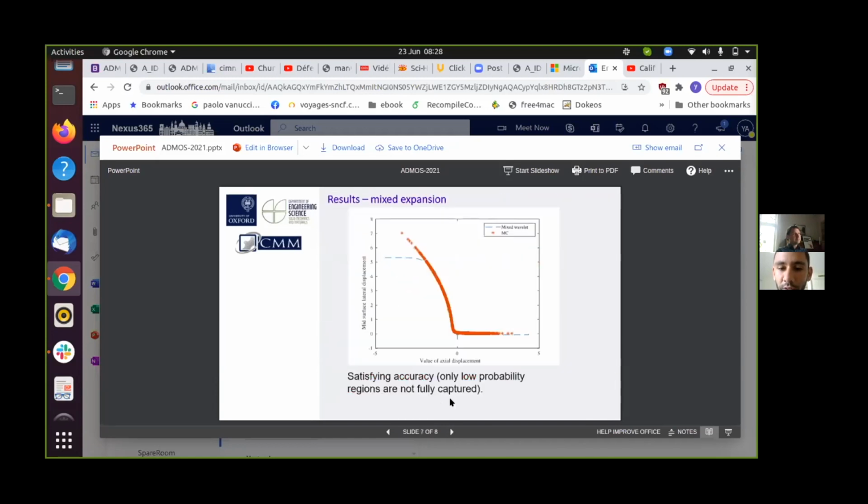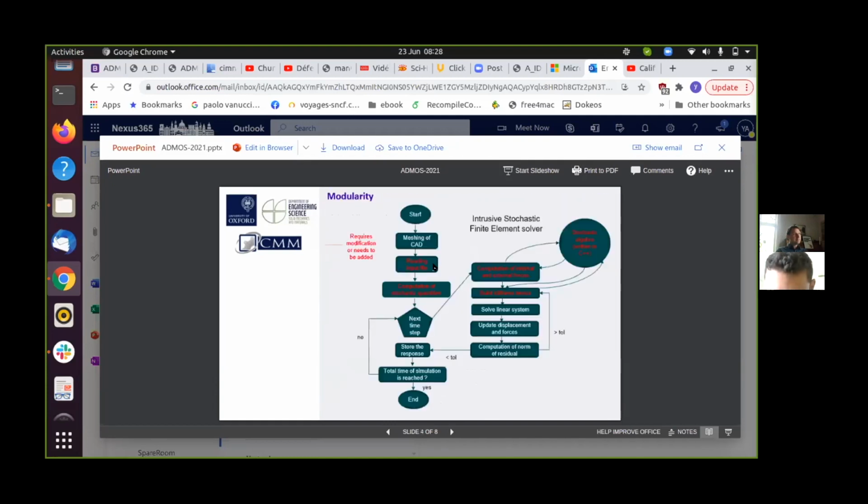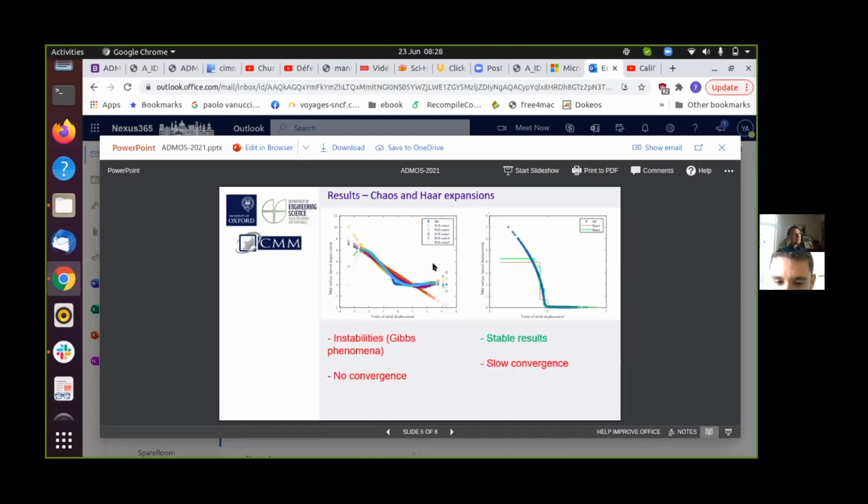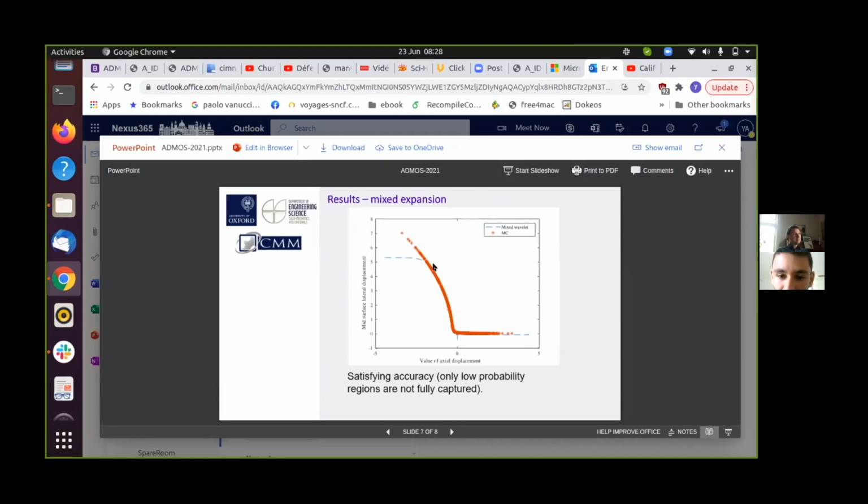So this is why in this curve we used 8 functions psi. So let's say the deterministic problem has 1,000 degrees of freedom, then the whole stochastic problem will have 8 times 1,000 degrees of freedom. Hope it answers the question. If not, feel free to ask me again.